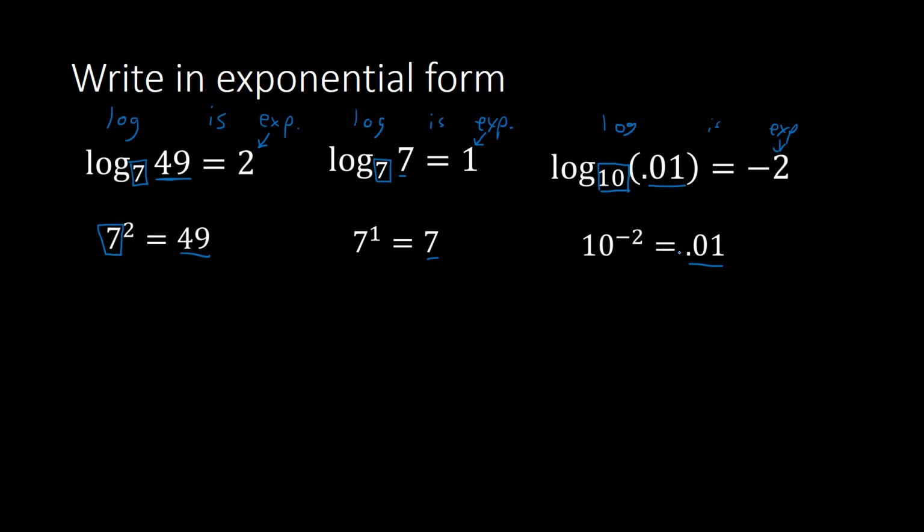So what we've just done right here is basically the entire lesson. So if you understand up to this point, you're pretty much good to go for the lesson, but I'm going to walk you through a bunch of other examples so that you get the hang of converting back and forth between different forms. So here we have log base 2 of 16 equals 4, and we want to write this in exponential form.